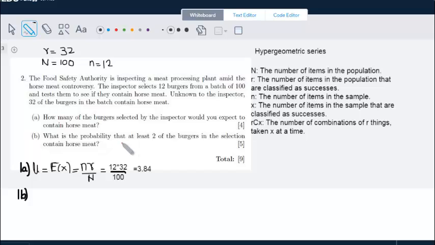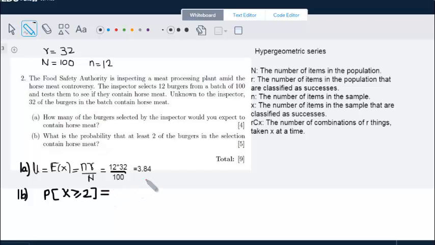Now the question is, what is the probability that at least 2 of the burgers in the selection contain horse meat? That would mean x is greater than or equal to 2. We need to find the value of this probability.